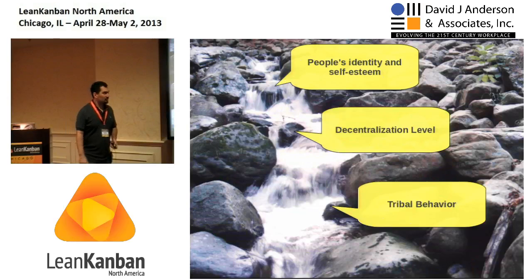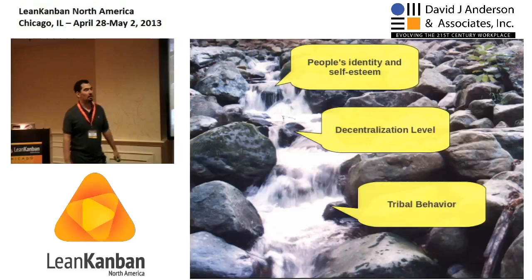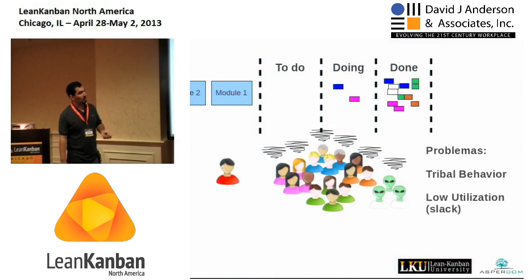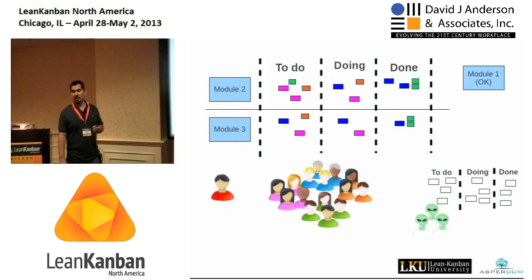Tribal behavior also is one of the rocks. Sometimes you have to simply go around it, and you can't change it at the beginning of your change management. Well, how to solve this? To address the first problem, we raised the WIP for 2 models to get a better utilization of the team.